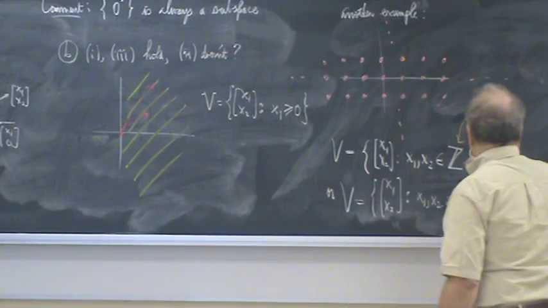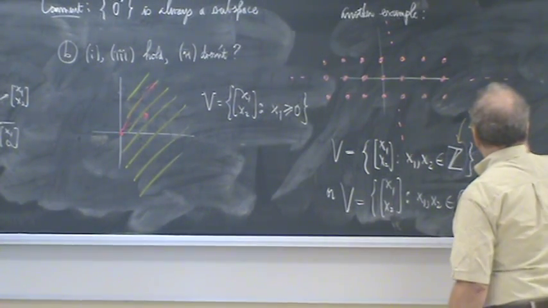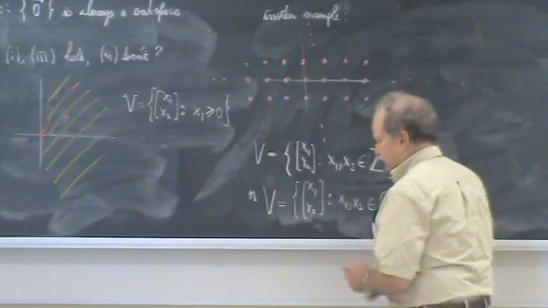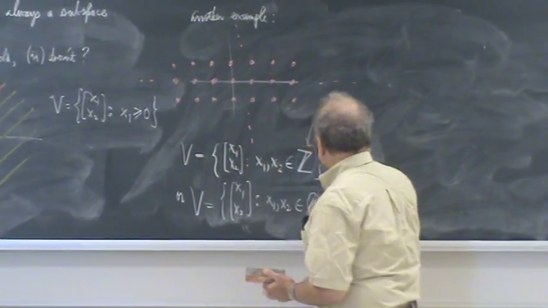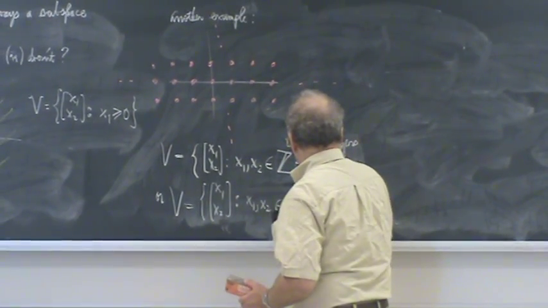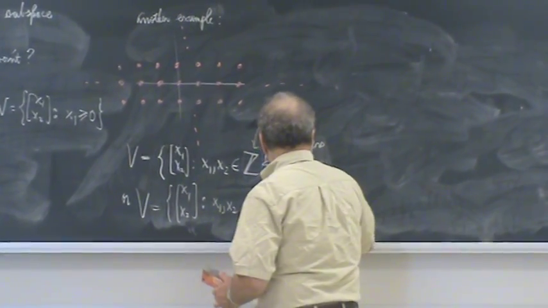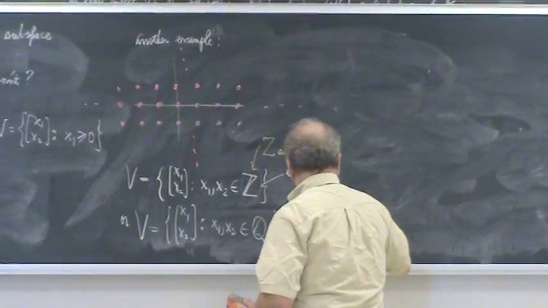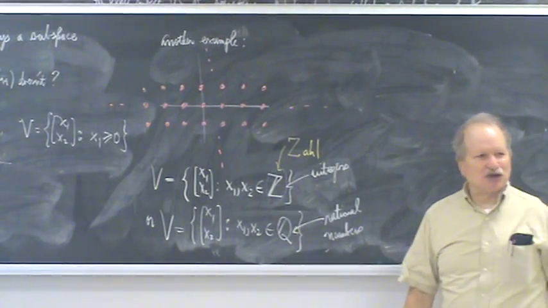So this means integers, and this means rational numbers. So the picture looks very different.